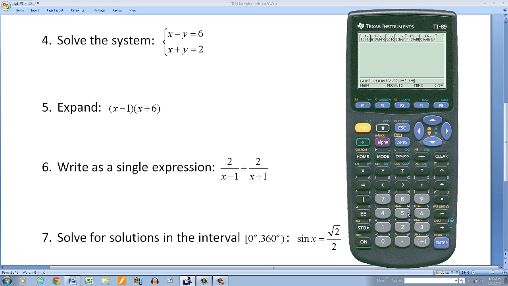Plus 2 over parentheses x plus 1. Close parentheses. Hit enter. Here we get the result after simplifying is 4x over x squared minus 1. Okay. Those are examples from algebra.